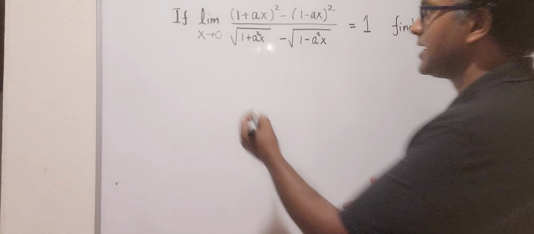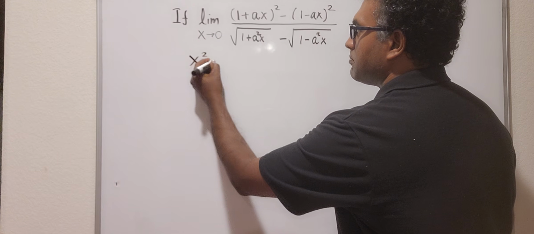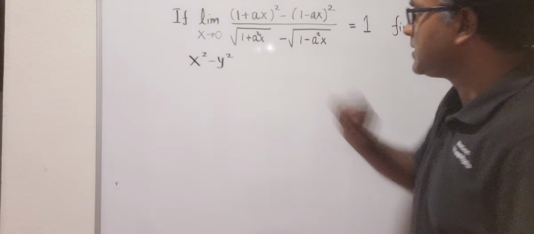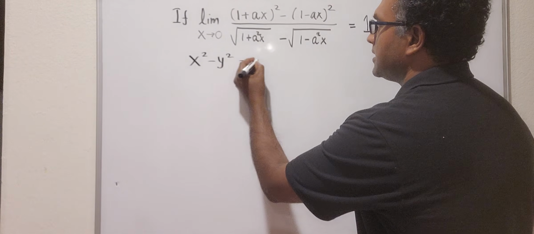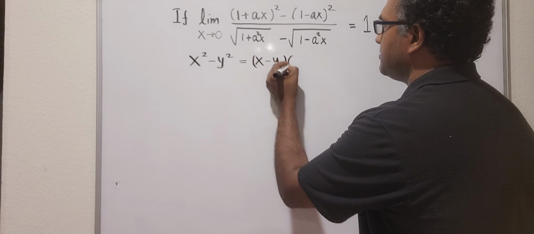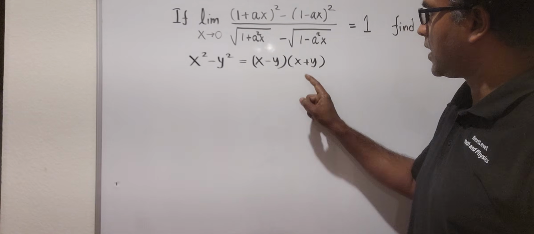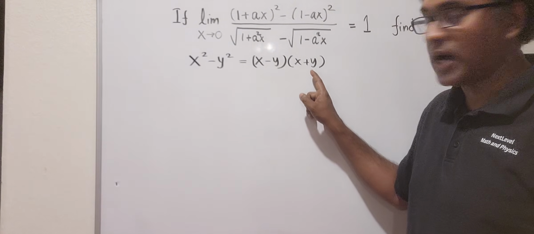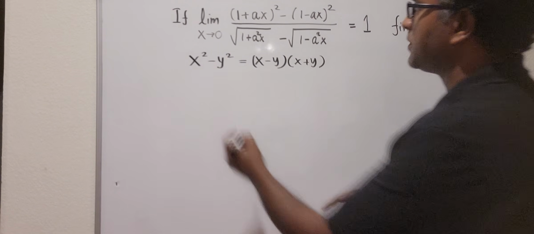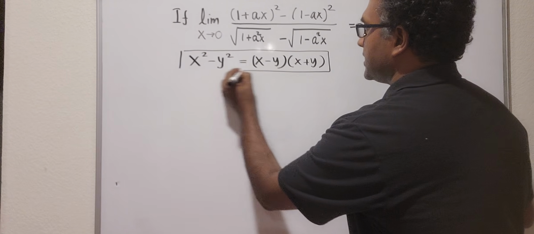So it's like x squared minus y squared, and we should be able to expand this as x minus y times x plus y. I'm going to use that to simplify the numerator. So just keep this in mind. We are going to use this.